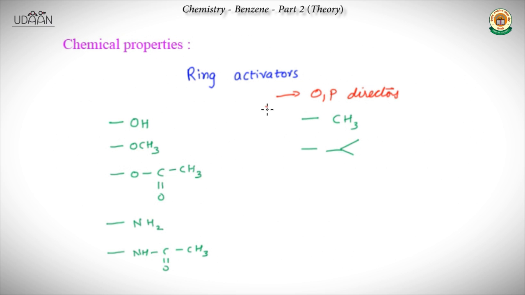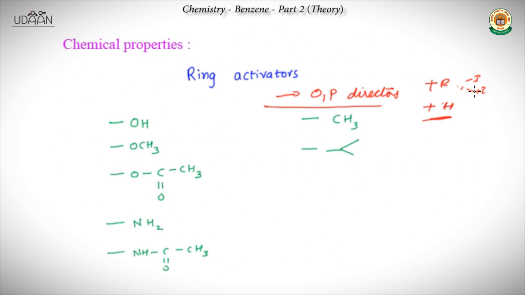Here I have examples for ring activators where you have plus R groups or plus H groups. Now for these you can even have minus I or plus I. So basically plus H comes under CH3.